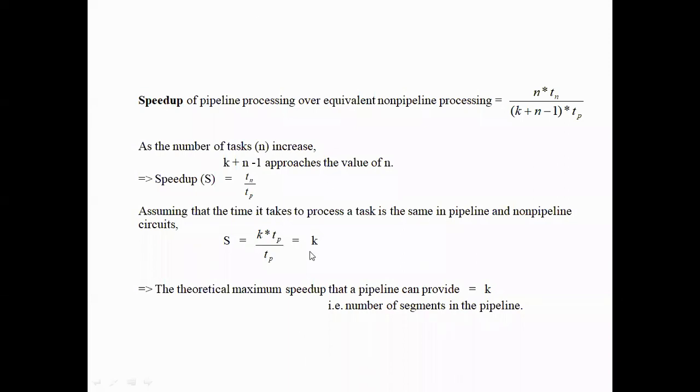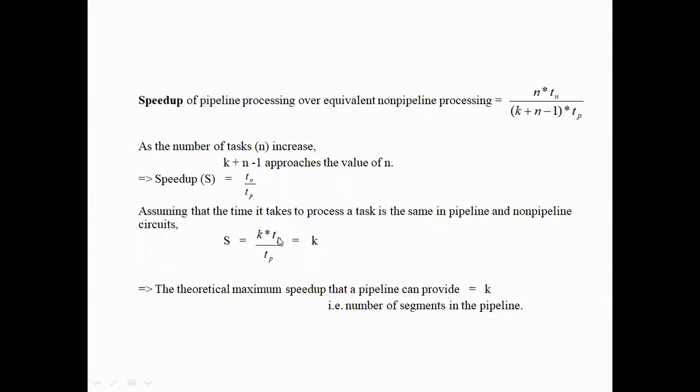And again, if we assume that the time taken to process a task in the pipeline system is the same as that in a non-pipeline system to process one task, then we can replace Tn by KTP.